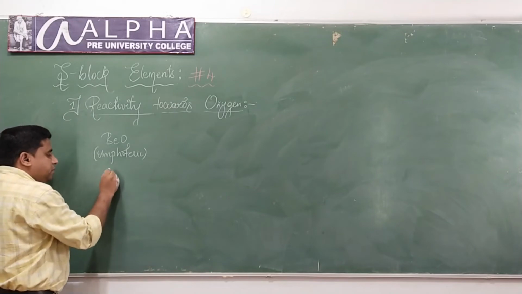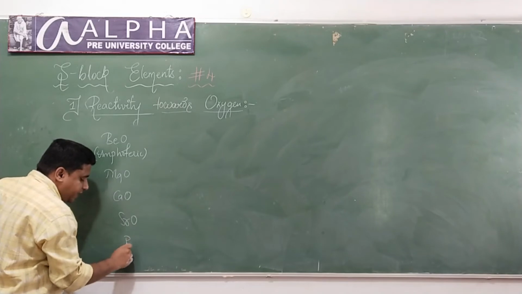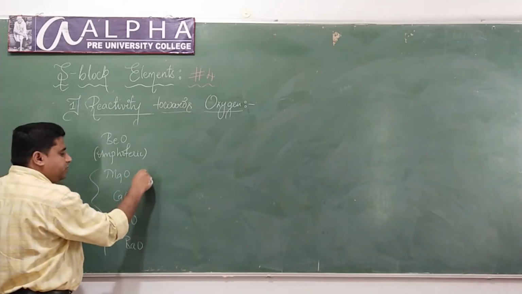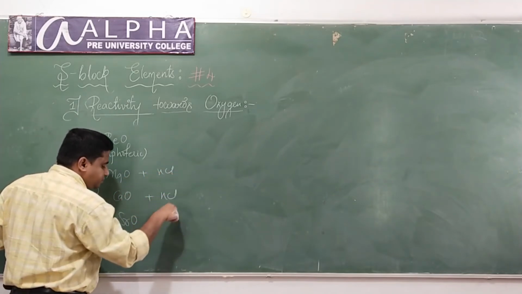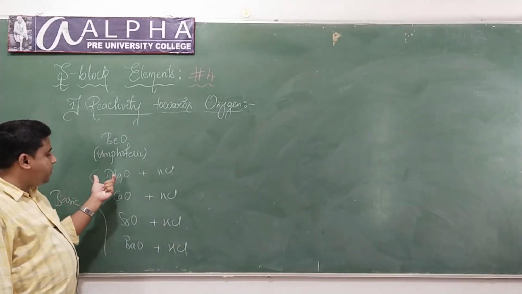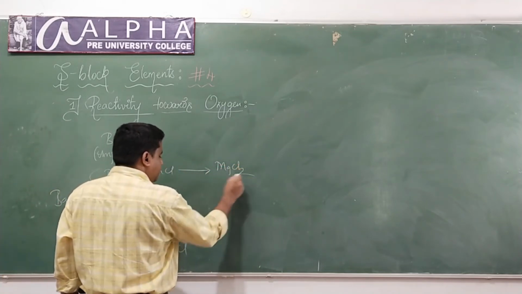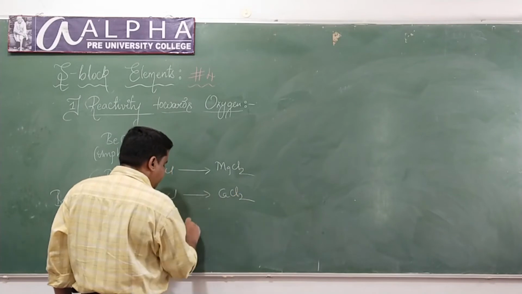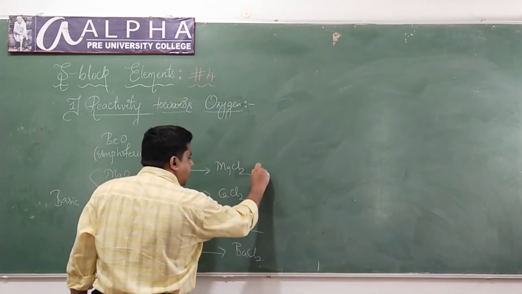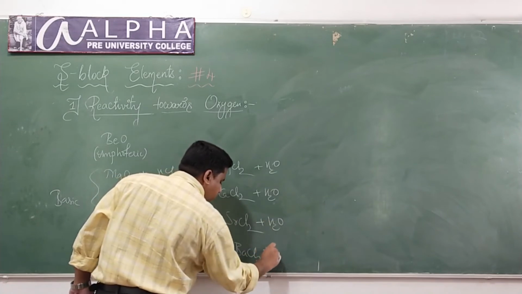Magnesium oxide, calcium oxide, strontium oxide and barium oxide are basic in nature. That means they react with acid to form salt and water. Which is the salt formed when magnesium oxide reacts with hydrogen chloride? Magnesium chloride, then calcium chloride, then strontium chloride, then barium chloride, along with the formation of water.